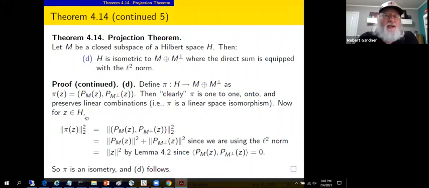But if we take Z in H, you want to find the 2 norm of pi of Z. We said we were going to equip the direct sum with a 2 norm. Let's take that 2 norm squared. Pi of Z by definition is this ordered pair here. The subscript indicates we're using the little L2 norm. The exponent indicates we're squaring.